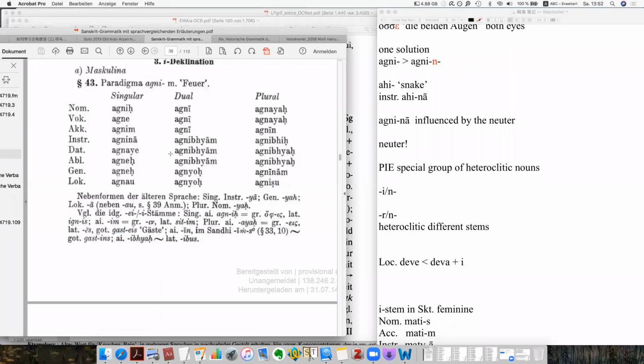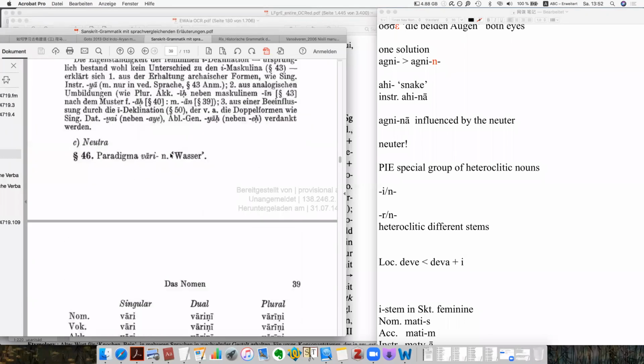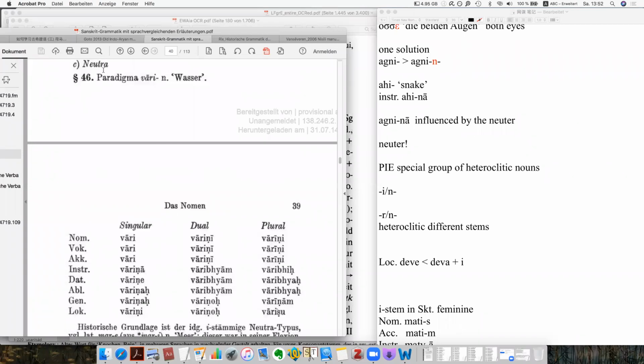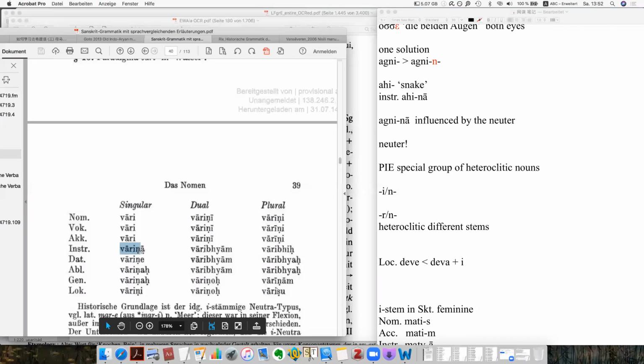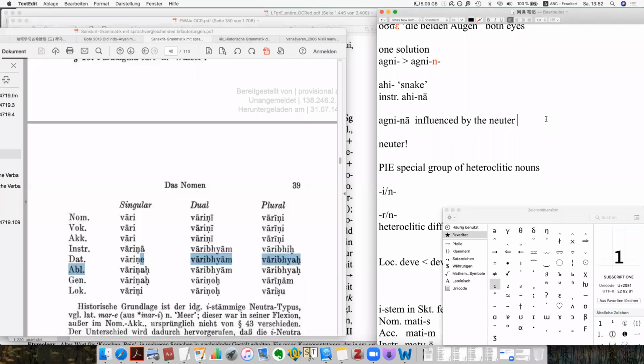So this is a masculine, and this is a neuter form. In the neuter forms, nominative accusative is E stem, but all the other forms, valina, valine, valinach, and so on, are all N stems. So it is influenced by the neuter, and neuter is actually an N stem. Okay.